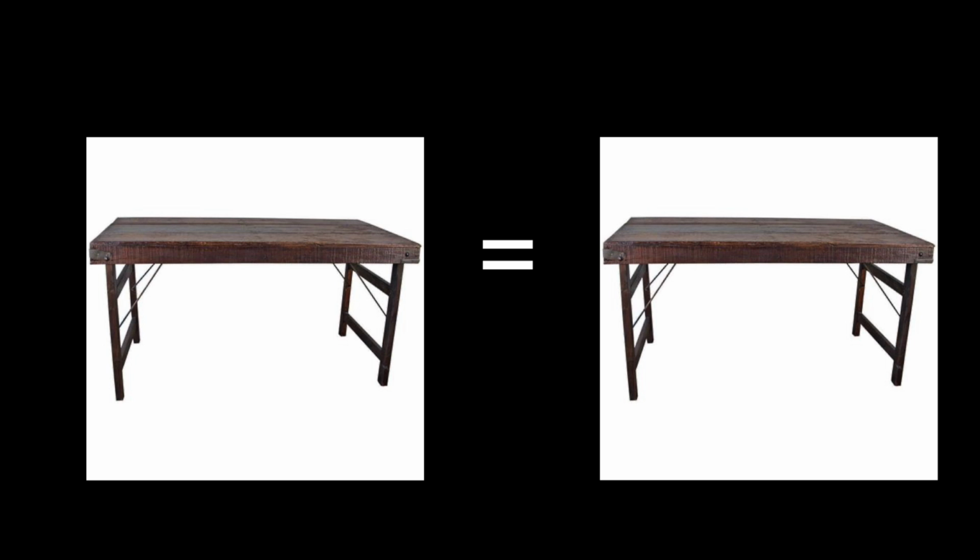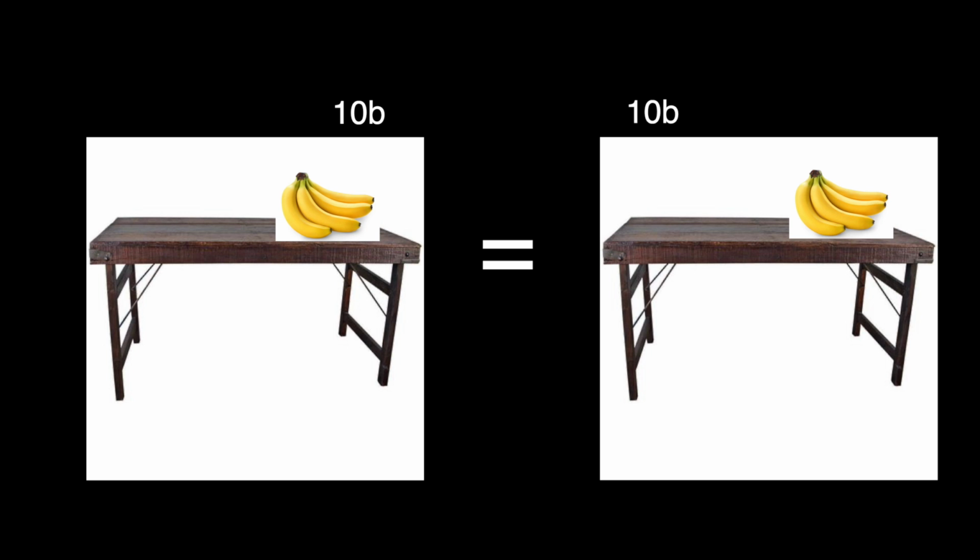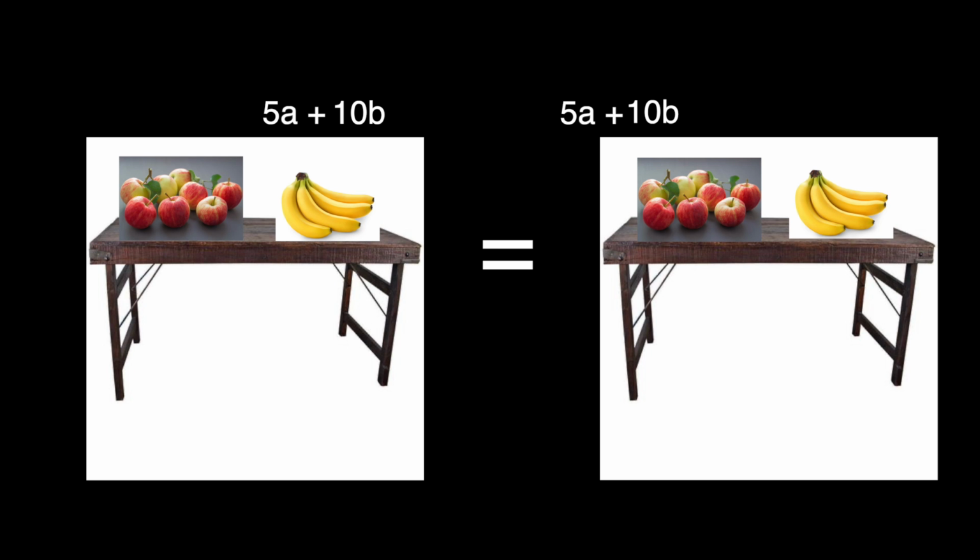So if I showed you one table and said, look, you have 10 bananas on this table, how many bananas do you have on the other? The answer would be 10. You must have 10 on the other side. And the same goes for the apples. If I said you have 5 apples on one table, you would have to have 5 apples on the other, because I've told you that they are equal to each other. This is what this equal sign is doing. It's doing exactly the same thing.